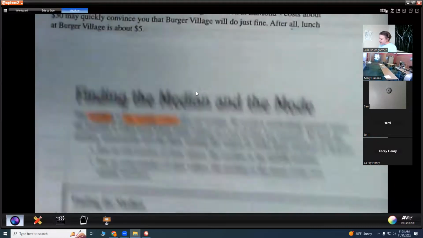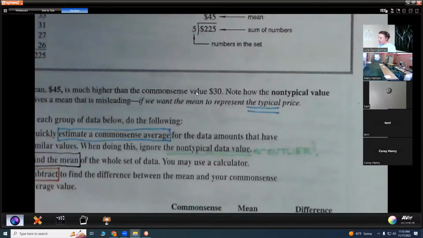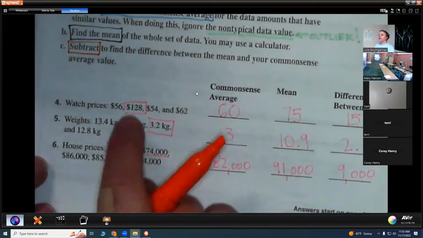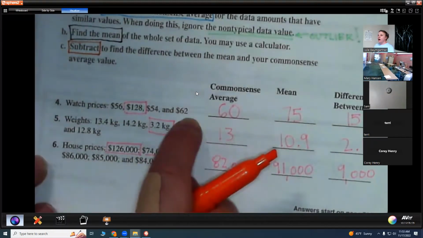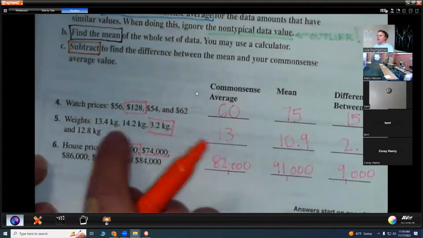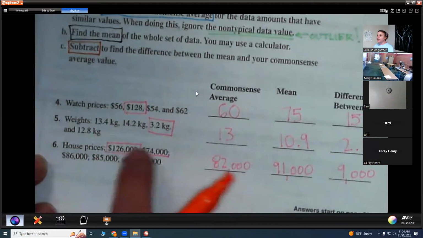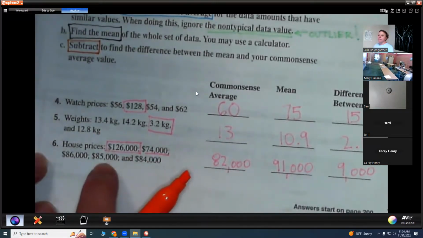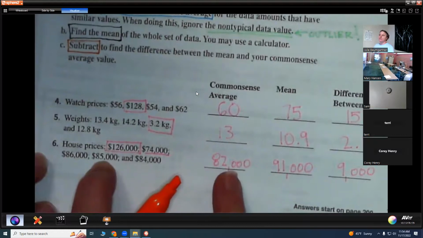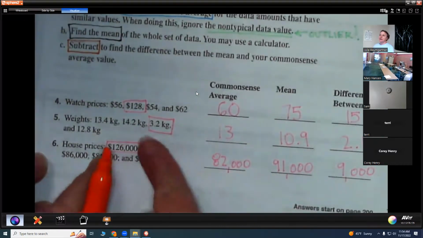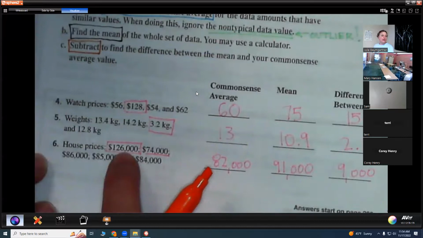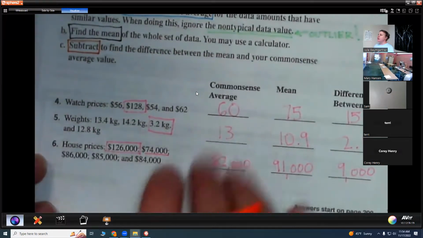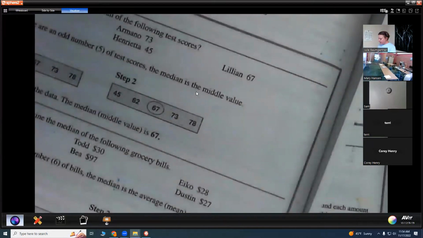So once again, if we looked at our data from Tuesday, we always have 4 pieces of data here. Our median is 85, which is closer to our common sense average than our mean because of our one super high price here. Does that make sense to everyone? Hopefully a little bit. Good.